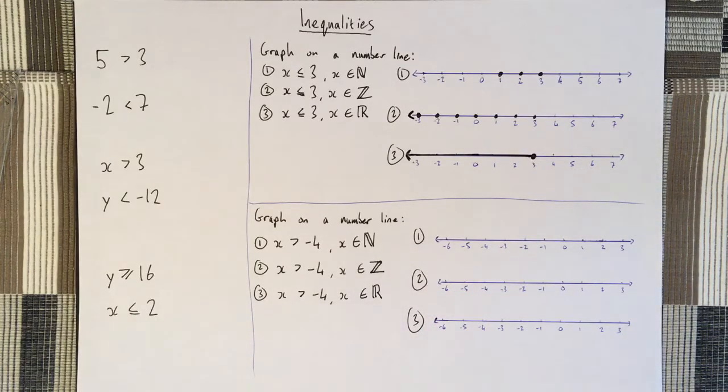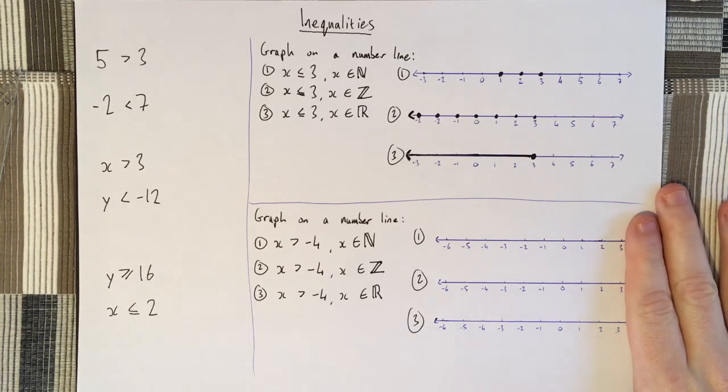If I was drawing this one out myself, it's x is greater than -4. So I'm more interested in having stuff to the right of it. So what I might just do is go down as far as -6, just go a couple to the left of it, and then go up at least as far as 2 in the positive numbers, okay? Because then you can show that you know if positive numbers are included or not included, okay?